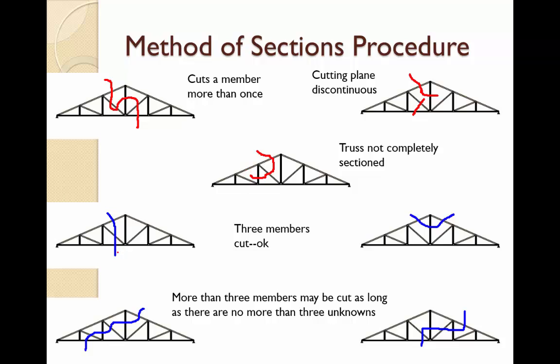This cutting plane is perfectly acceptable because 3 members are cut. This one is also perfectly acceptable. Once again, 3 members are cut. Now these two at the bottom are both okay for cutting planes. However, these would produce more than 3 unknowns unless you knew something about the truss already. So you could solve this assuming that you had no more than 3 unknowns with either of these two at the bottom.